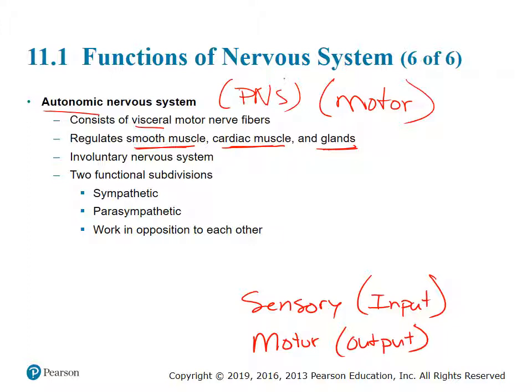I mean, if you classify them as voluntary or involuntary, we cannot control our glands, right? Those are automatically controlled, and that's why we call it the autonomic nervous system, automatic, right? Again, involuntary. And that one has some subdivisions. We call that the sympathetic and parasympathetic, and we'll talk about those in more detail as we continue on, right?